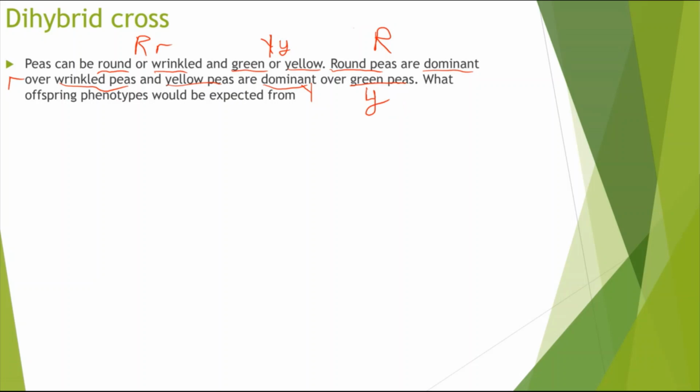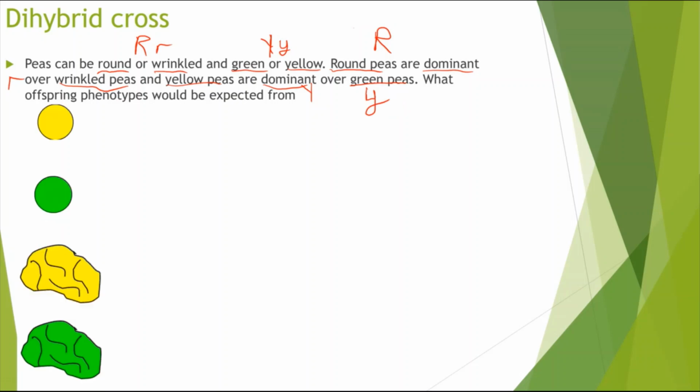So if I was to look at the genotypes for all of them, for the first one being round and yellow, they're both dominant traits. So in this case, I could have a capital R, a capital Y. So that's round and yellow, because we have a dominant in both of these. And now we could have a capital R, lowercase r, and again capital Y, capital Y.